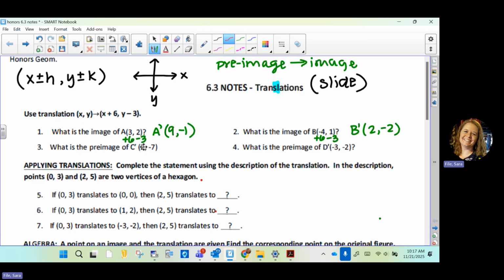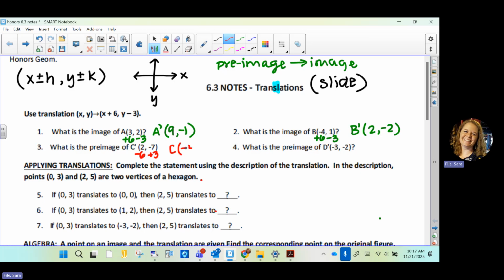So 2 is what we got after we added 6. So to go backward, we'll subtract 6. -7 is what we got after we subtracted 3. So to go backward, we'll add the 3. So to go backward from the image to the pre-image, you do the opposite, addition or subtraction.